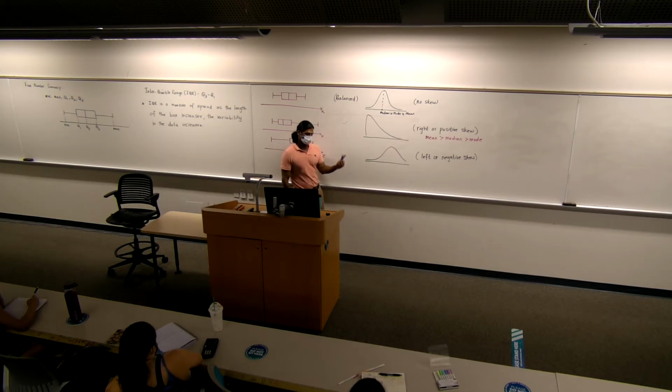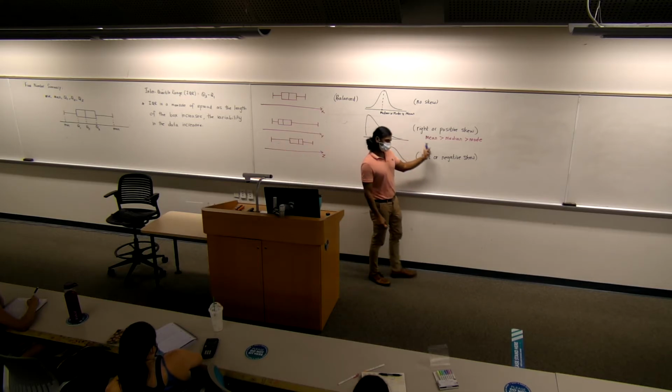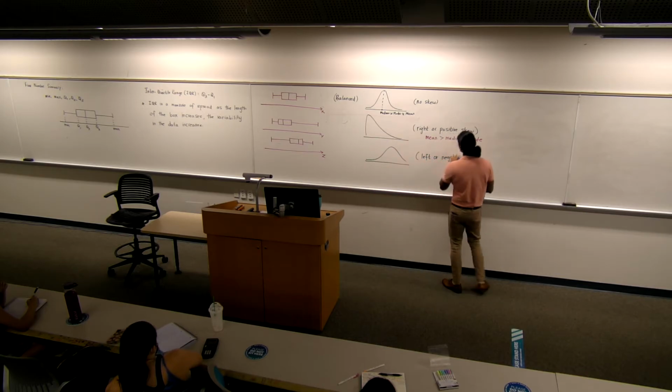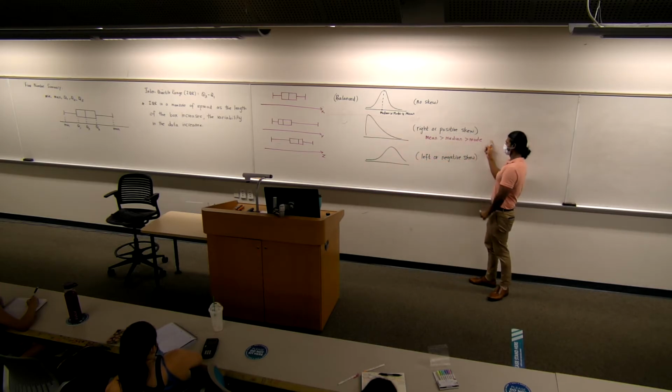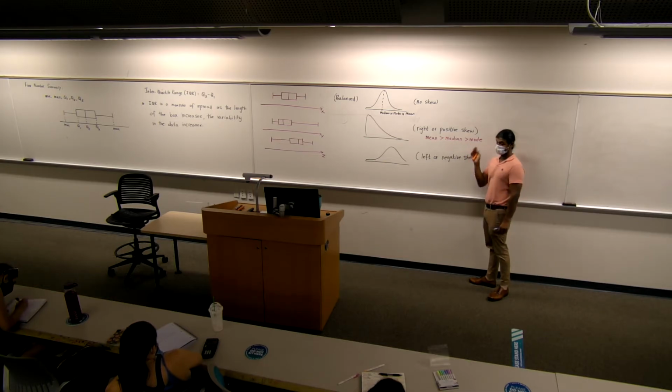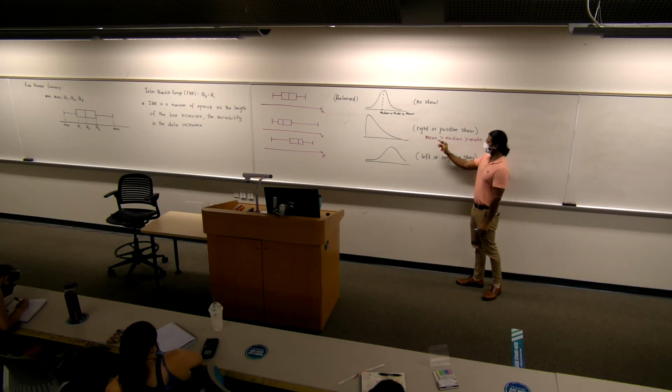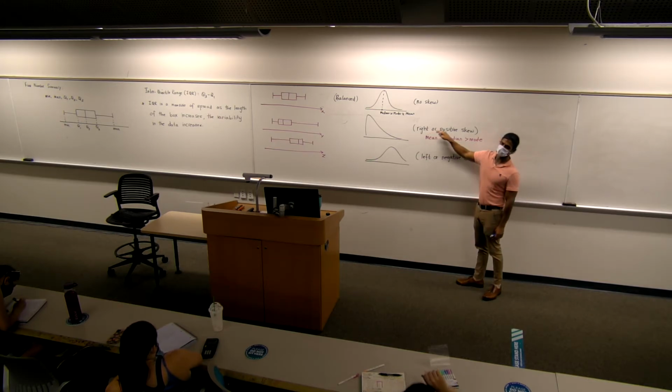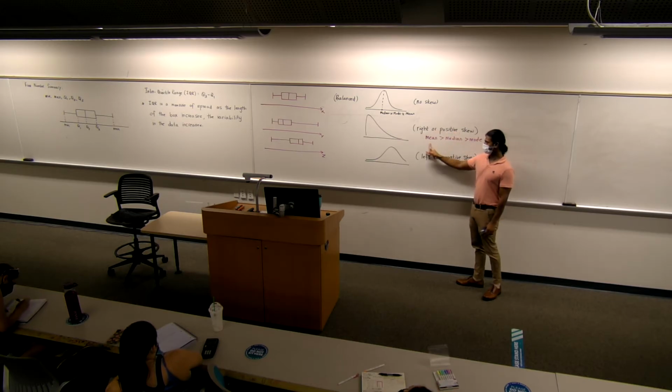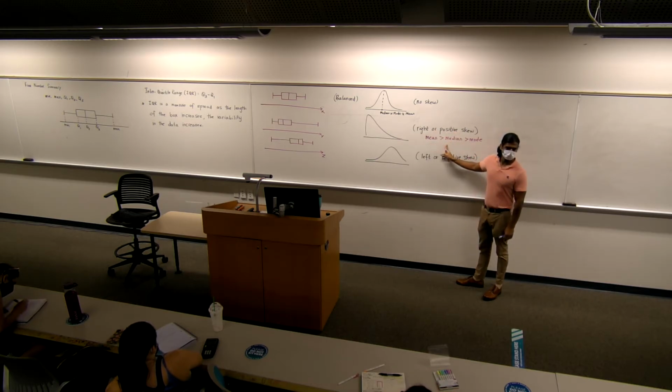If the data is right skewed, the mean is going to be greater than the median. Theoretically, though, some people agree with it, some people do not. There are cases where this will not work. But we know that if the data is right or positively skewed, the mean is going to be greater than the median. Good?